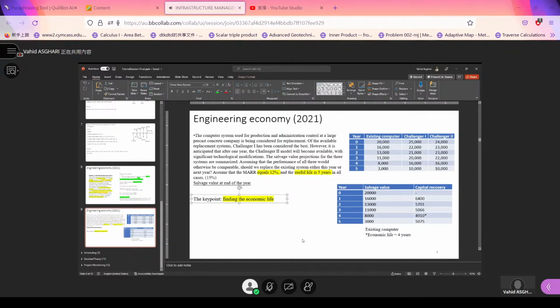Because if we have the expected life, yes, we have the useful life. That's okay, but useful life is different from economic life. So let me make an example and make it clear for you what the concept of economic life is. Imagine that you bought a car. Cars need annual maintenance every year.